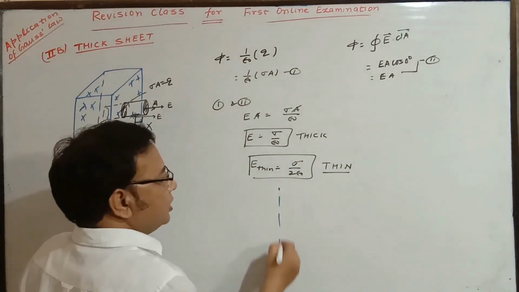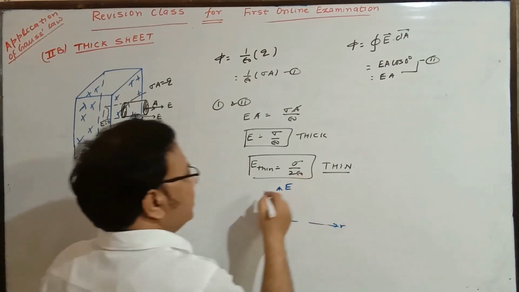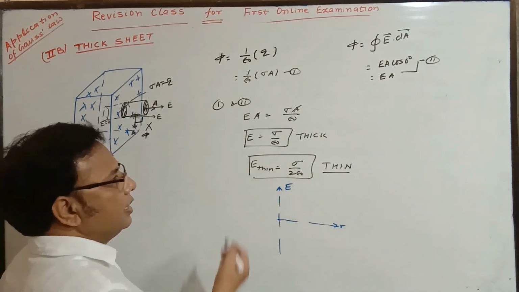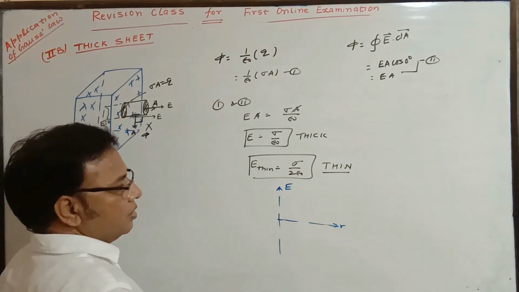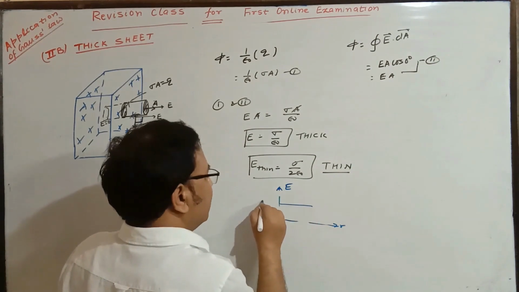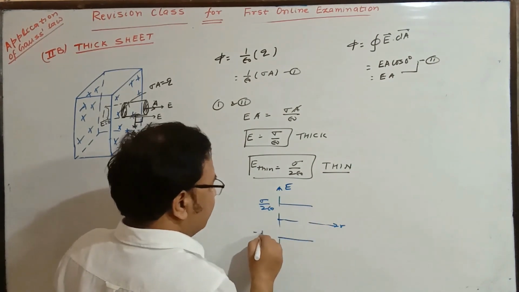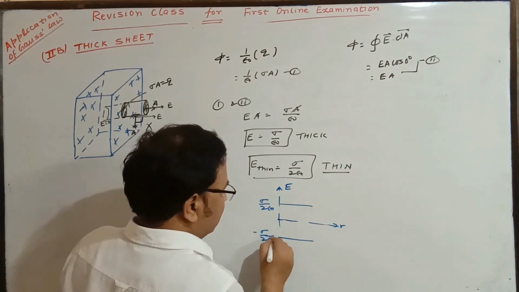Now we would like to see the graph for electric field versus distance. What we see is for thin as well as thick, the electric field is not a function of distance. So for a thin sheet, it is sigma by 2 epsilon naught, and if it is negative, minus sigma by 2 epsilon naught.